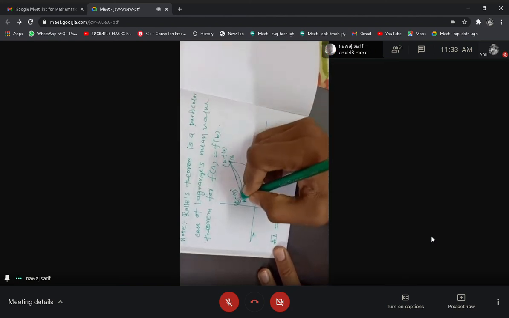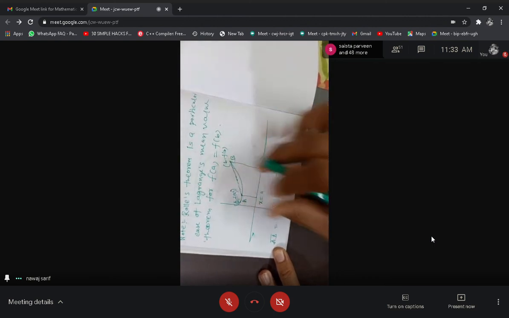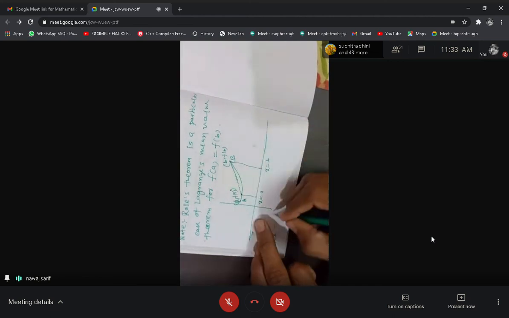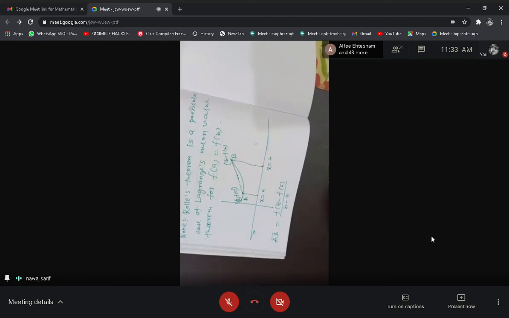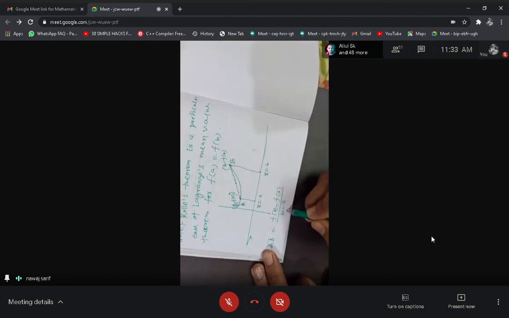This is A comma f of A and this is B comma f of B. Then what will be the equation of this line AB? y minus f of A equals f of B minus f of A divided by B minus A times x minus A.